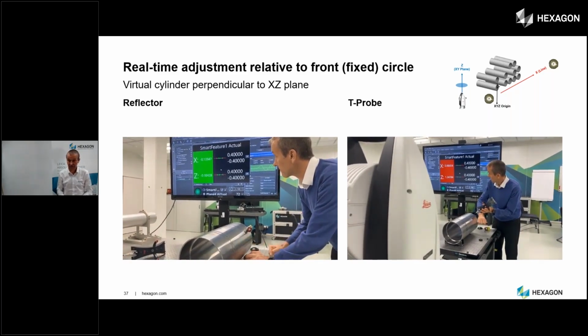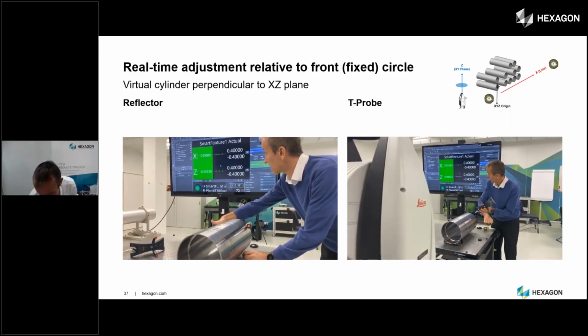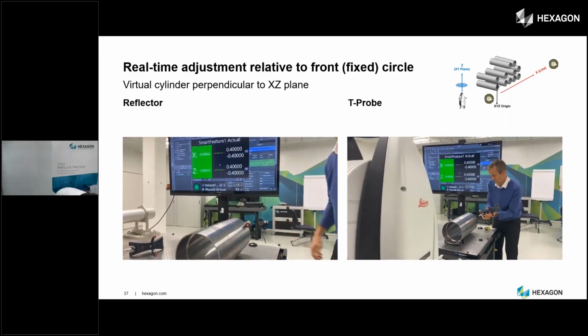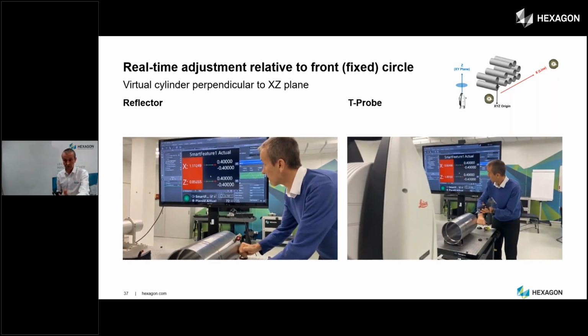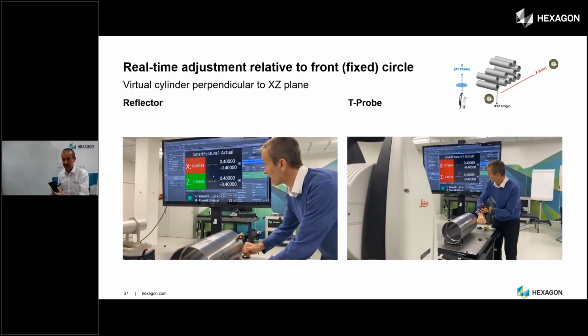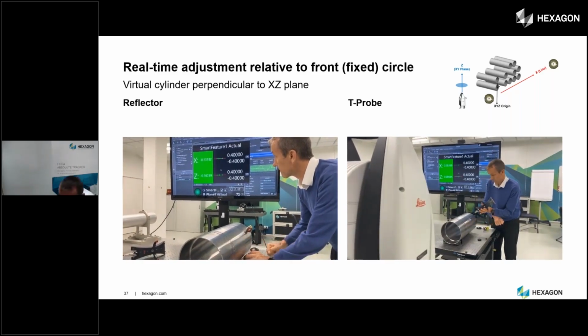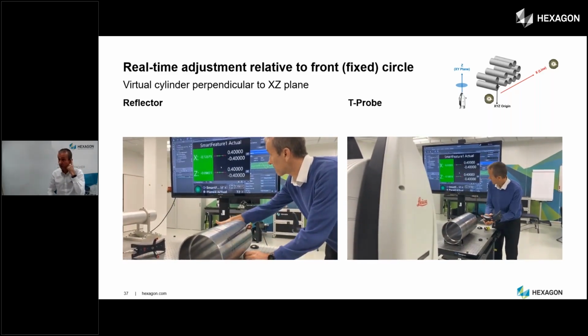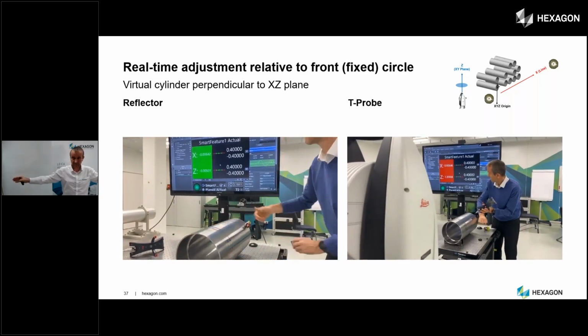Good. On the right side, you see the same type of measurement when maybe the roller would not be magnetic or the roller would not be easily accessible. You can do the same thing with the T-probe. With the same reference, as you see in the upper right corner, we have the X-axis by the 2 points.